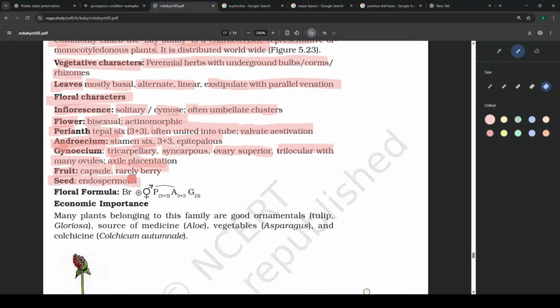Seed, endospermous. Floral formula: bracteate, actinomorphic, bisexual, perianth or tepals 3 plus 3, connected to the androecium, epiphyllous condition, 3 plus 3, and here it is a superior ovary.